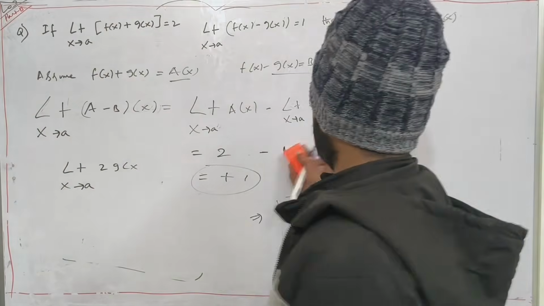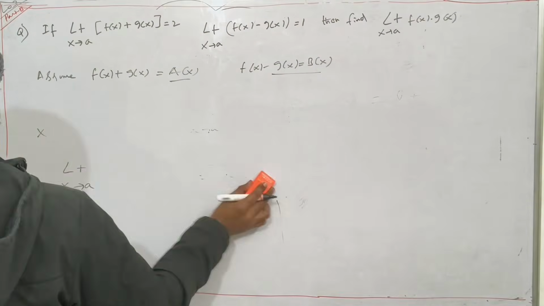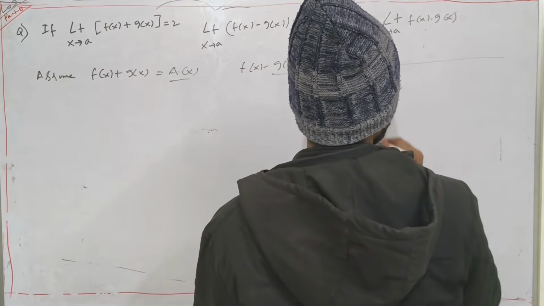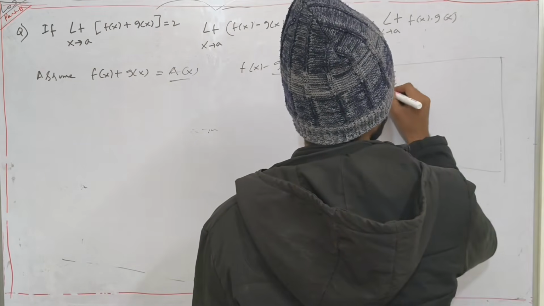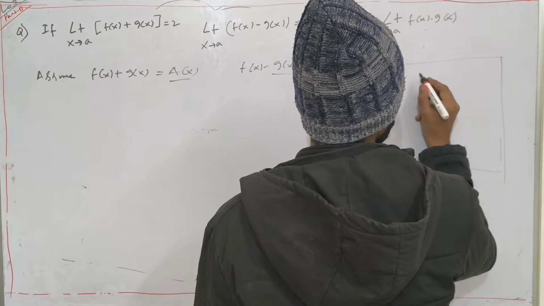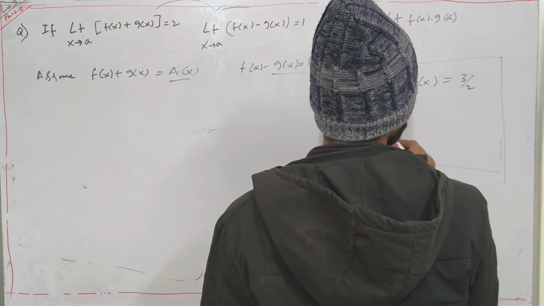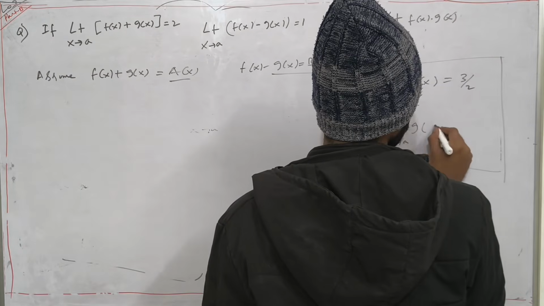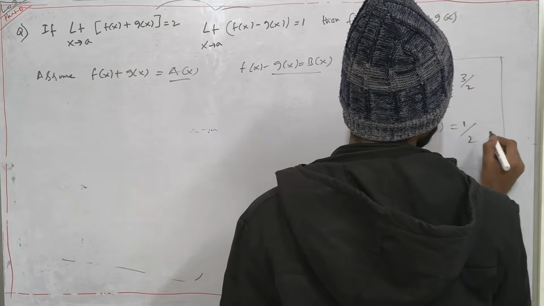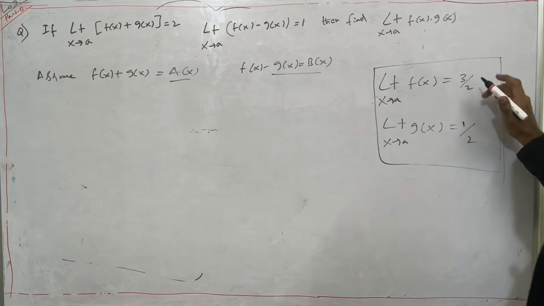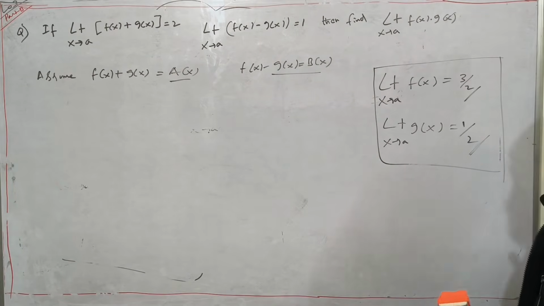Now what we got: limit x tends to a of f(x) equals 3 by 2, and limit x tends to a of g(x) equals 1 by 2. It means individual limits exist and we got some values of individual limits, 3 by 2 and 1 by 2.